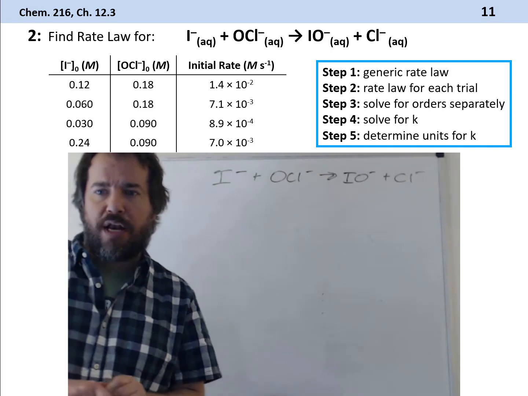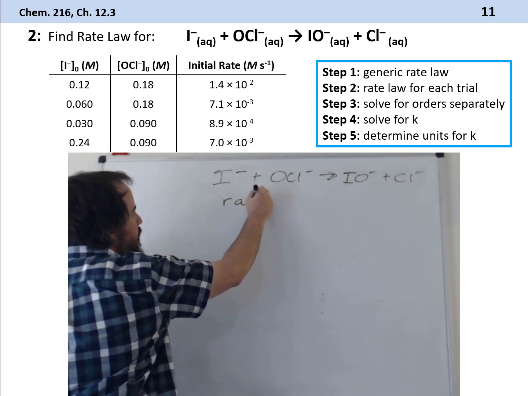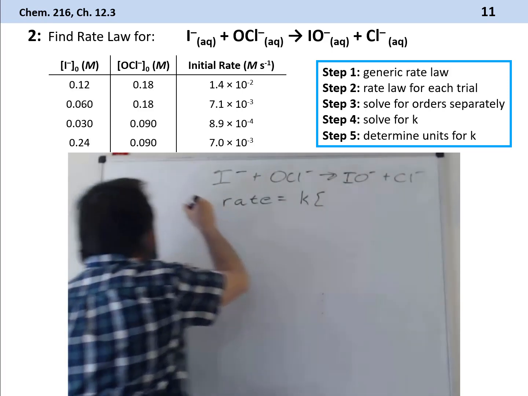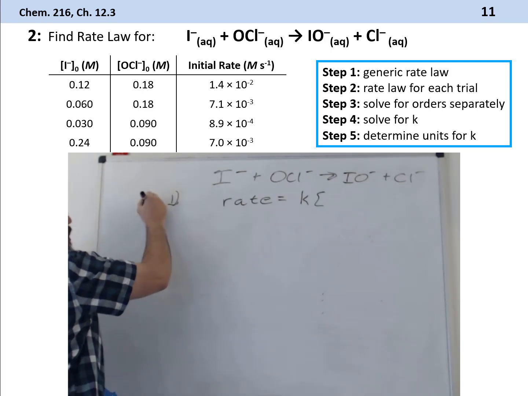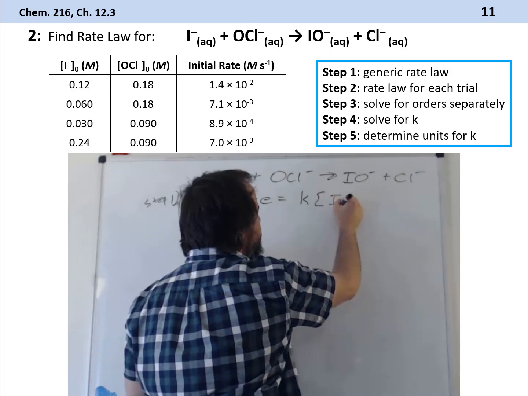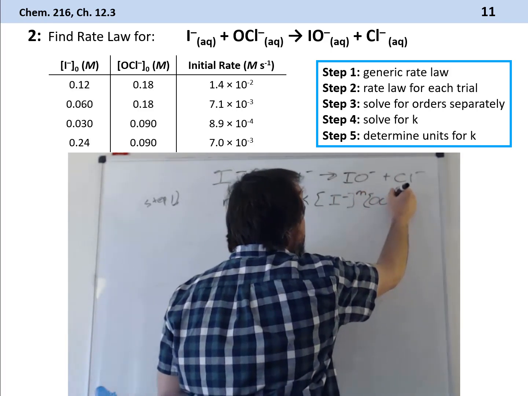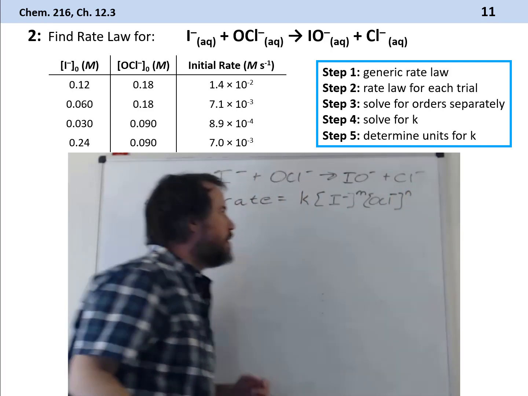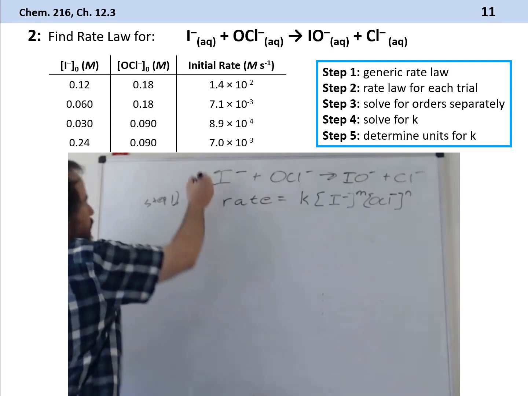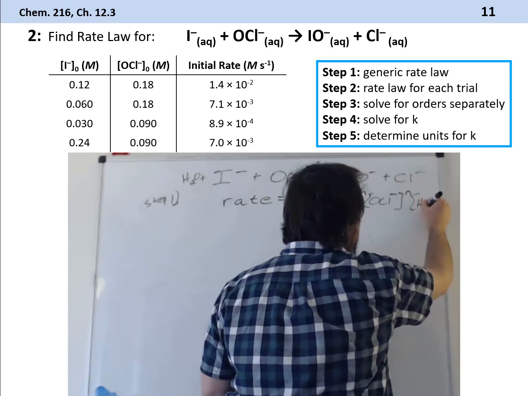So step 1 is a generic rate law. Rate equals K times I- to some power M times OCl- to some power N. Now, if this had another reactant, I would have another concentration, right?